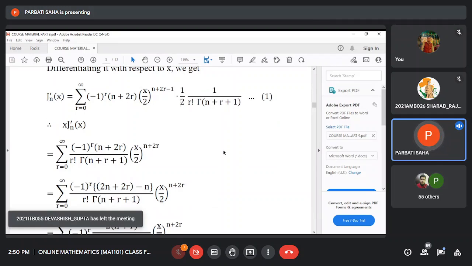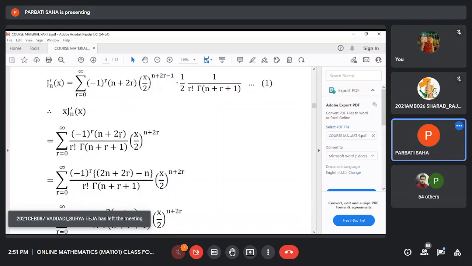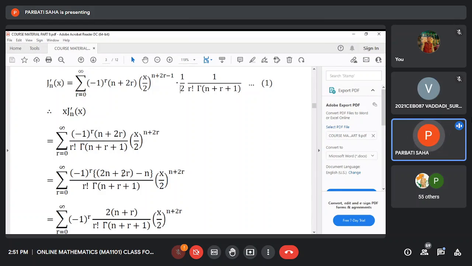Now you see n+2r. We can write n+2r as 2n+2r-n, because 2n-n means actually n. So this n is replaced by 2n-n, and n+2r is expressed in this form.